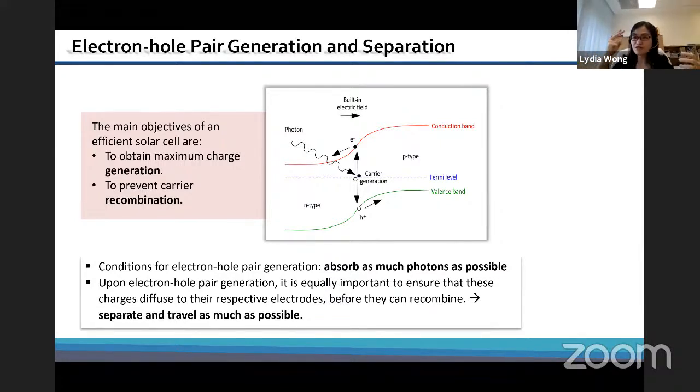Both to satisfy these two conditions are not easy. There are a lot of materials that can absorb light, yeah. But materials that can absorb light and conduct electricity well, there are not too many. Okay. Any questions up to this point?